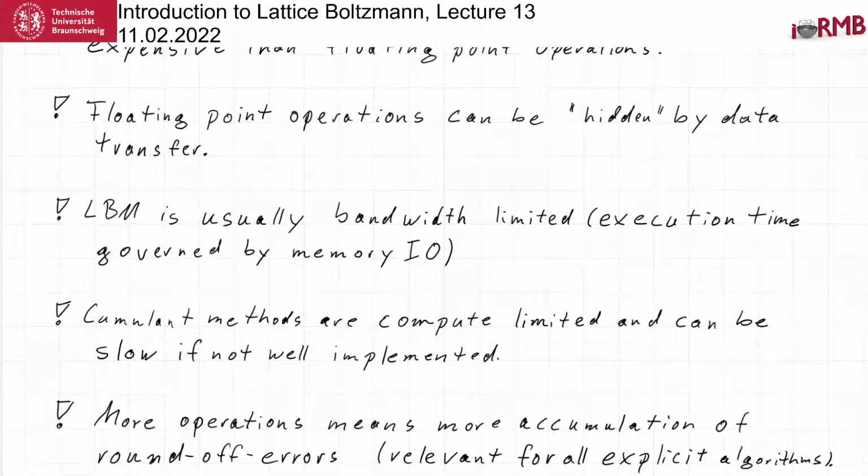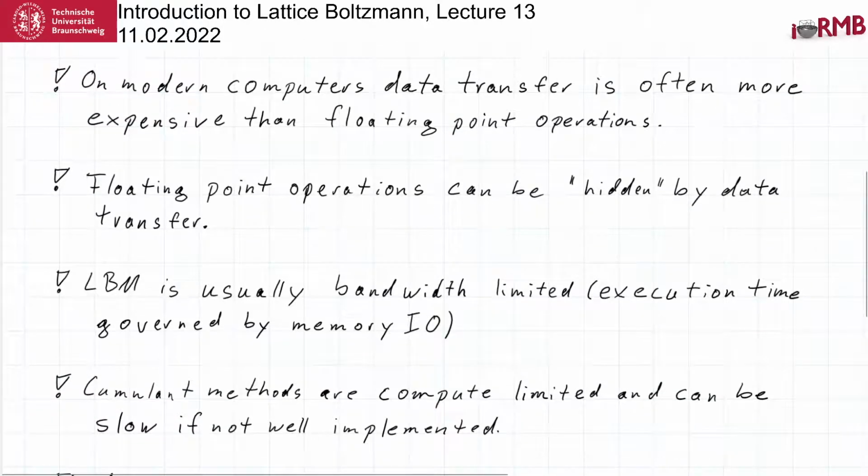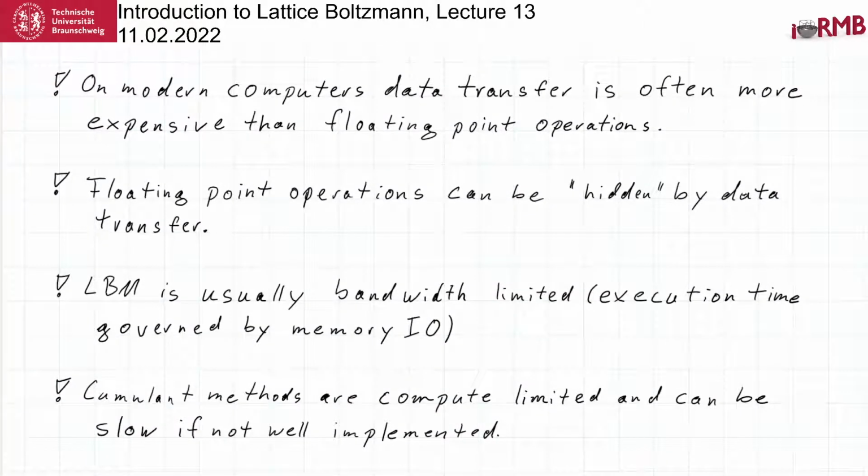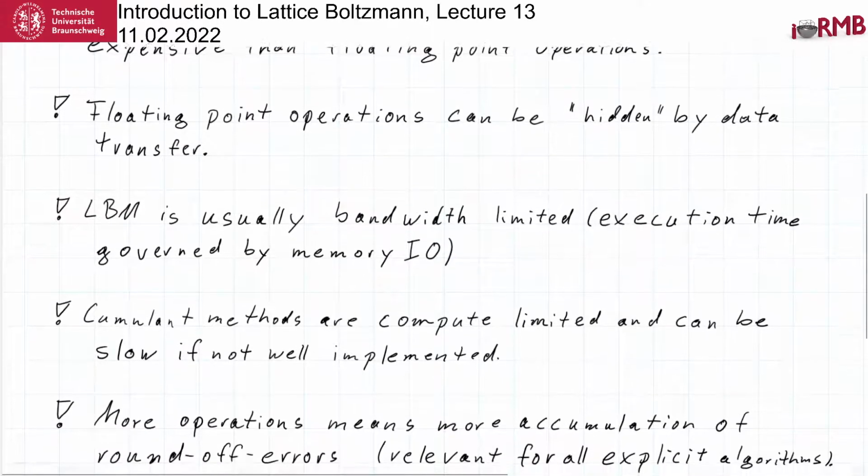However, due to the fact that the cumulant method has so much more calculations to do, the cumulant method, unlike the BGK method, is actually compute limited. This means that the execution speed is governed by the number of operations that we have to do.